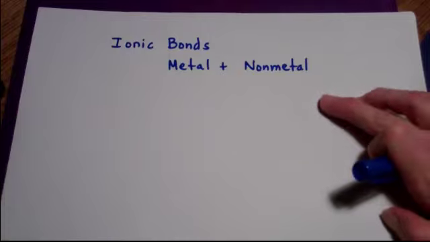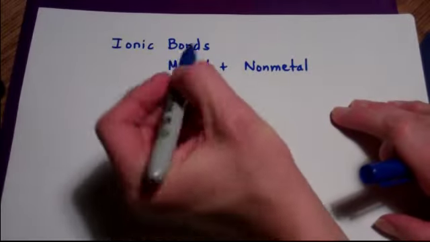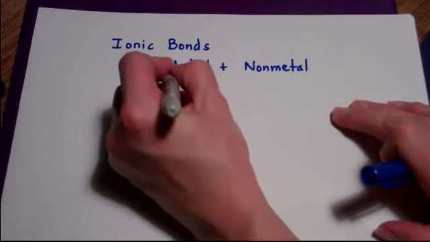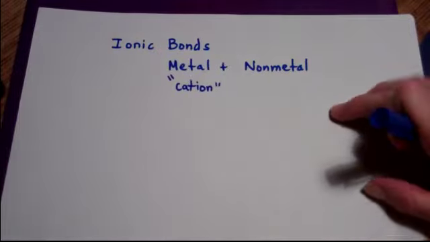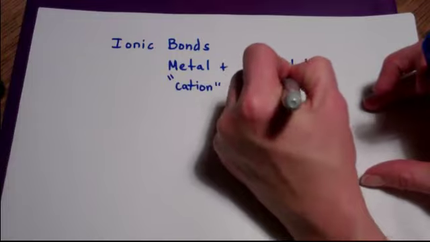And that's because this is where you see the greatest difference between the electronegativity values. That's going to give you the strongest tendency for the metal to donate the electron to the nonmetal. So the metal is generally the cation, it's the donor, and the nonmetal is the anion component.